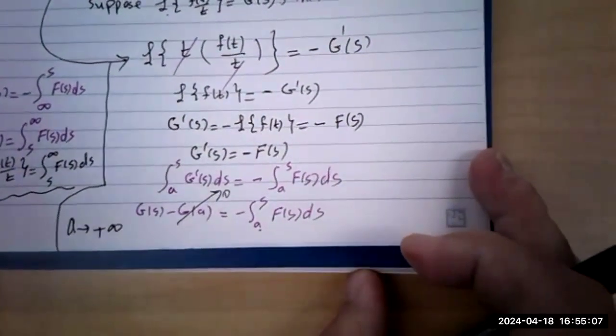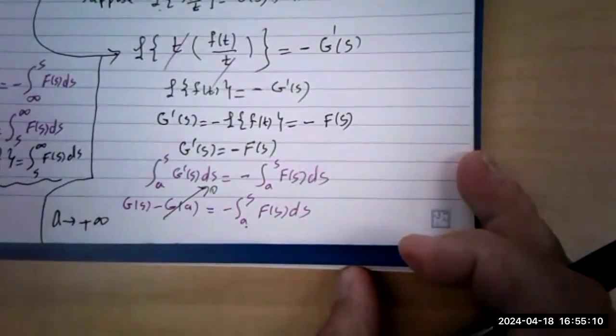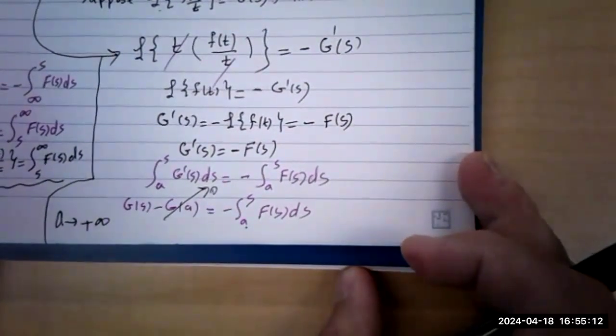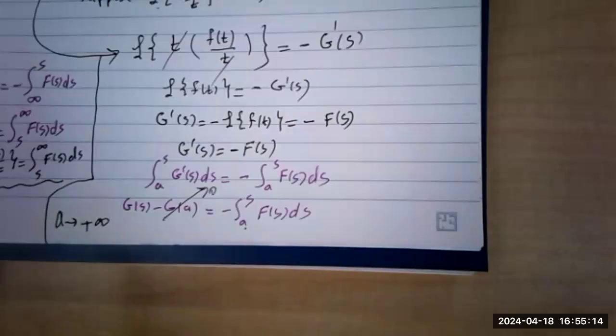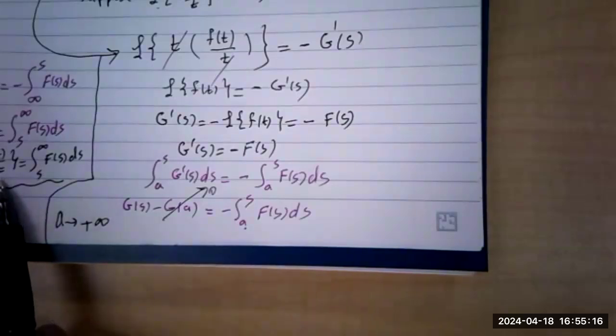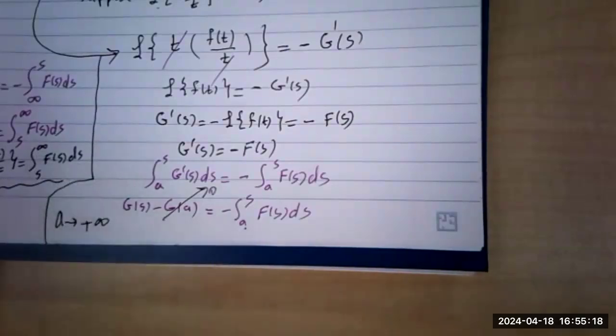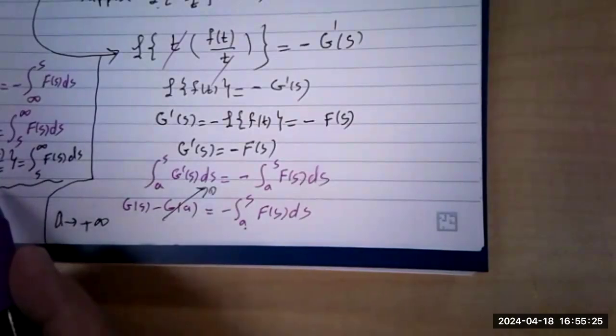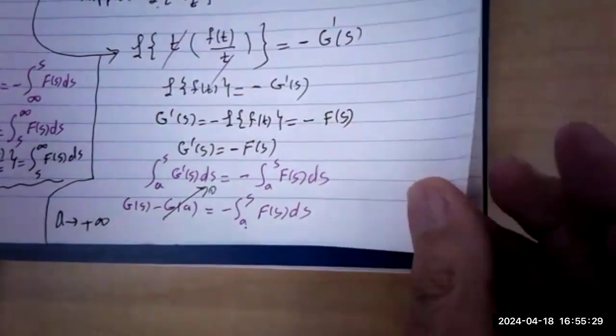Almost there. Any questions? So I proved that the Laplace of f of t over t is the integral from s to infinity of F of s ds, but what you need is the integral of this part. So change it to the definition of a Laplace transform. What is the Laplace transform of f of t over t?